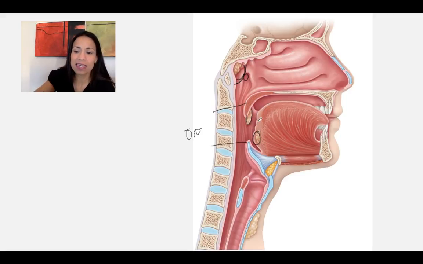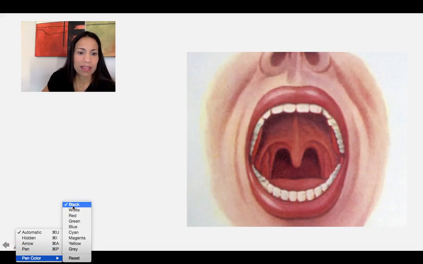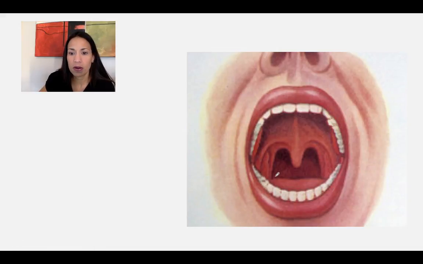So this, let me show you, the beginning of the oropharynx of this section is this opening in here that we call fauces. The fauces. And this is the superior boundary.